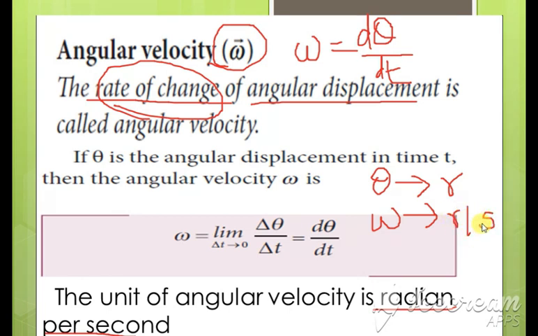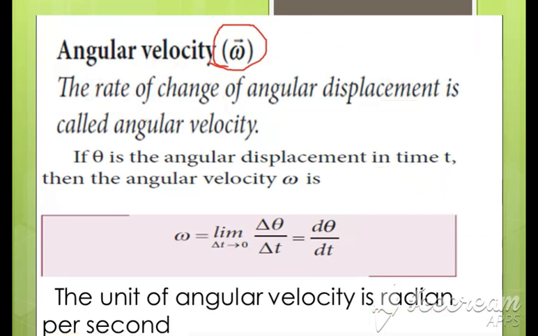Clear with the difference? Angular displacement has the unit radian; angular velocity has the unit radian per second. Displacement is denoted by theta and velocity by omega. This is not w, it has to be said as omega.